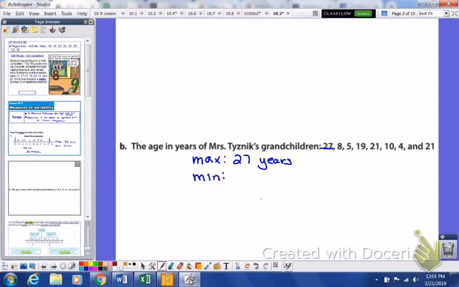Our minimum, if we carefully go through again, I see an 8, I see a 5, and then I see a 4, which is smaller. So our minimum is 4 years. So 27 minus 4 gives us a range of 23 years. Both of these were relatively close together.